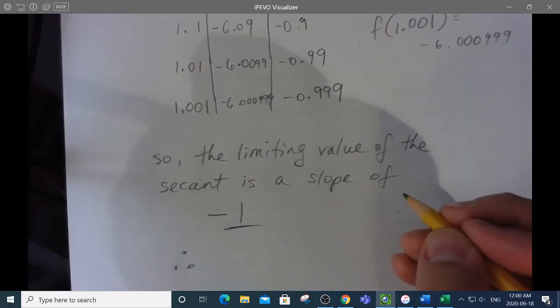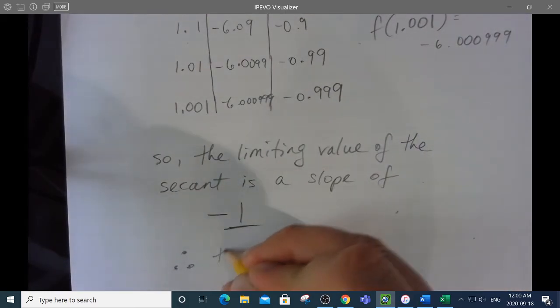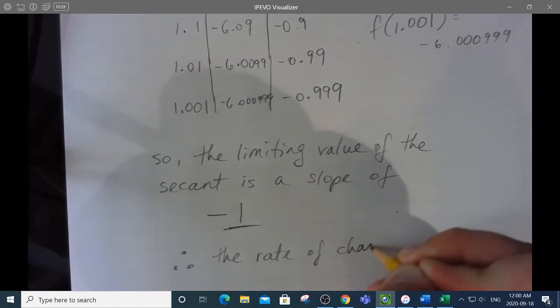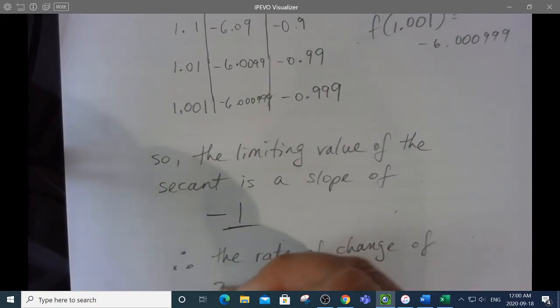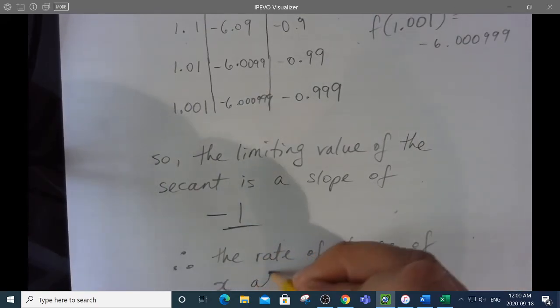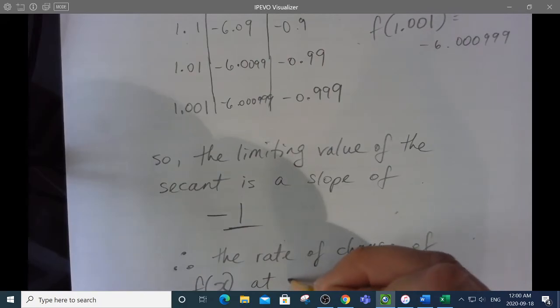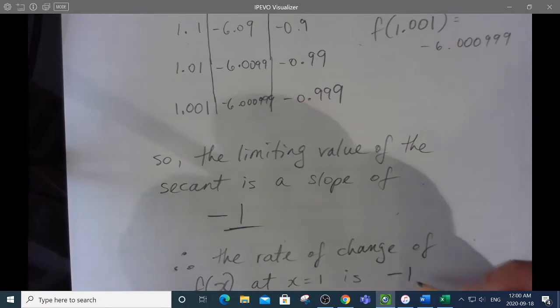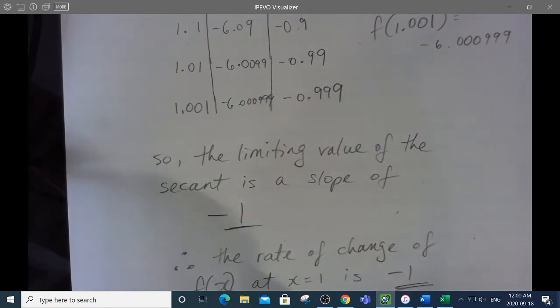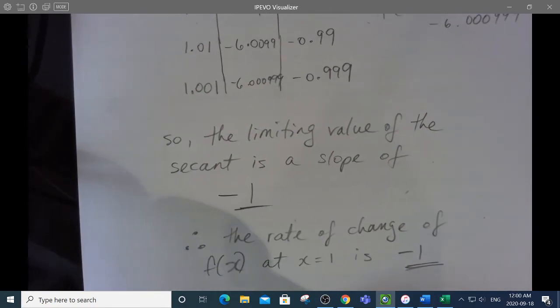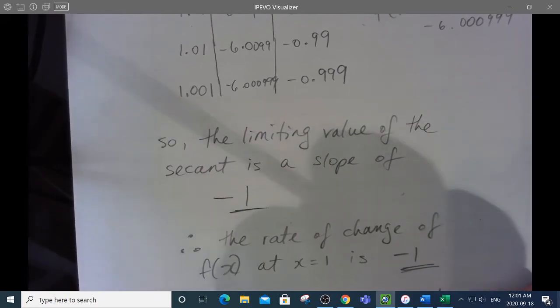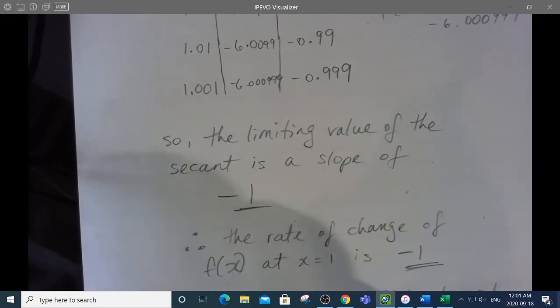Therefore, the rate of change of f of x at x equals 1 is -1. Or another way to put it is, the slope of f of x at x equals 1 is equal to -1.